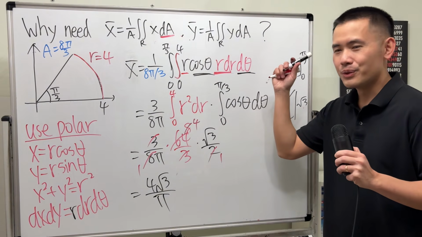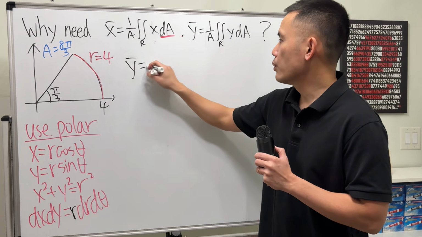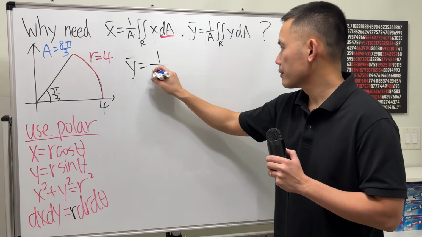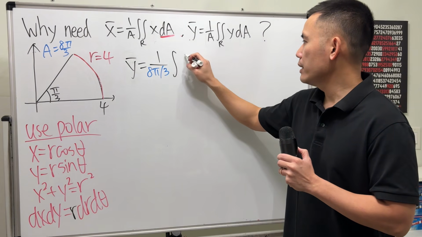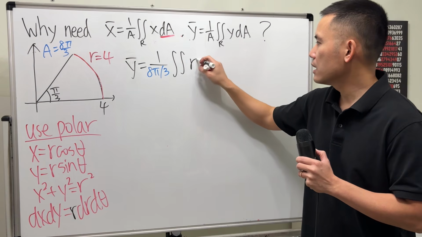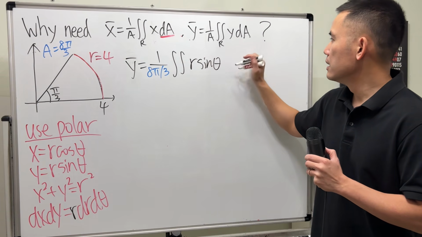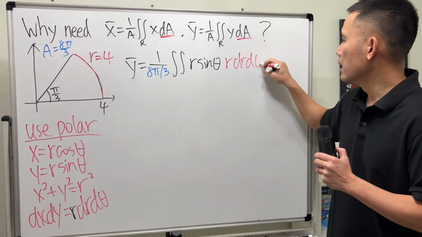Now, moving to y bar. All right, pretty much the same thing. y bar equals 1 over A, which is 3 over 8 pi. Double integral of y, put that down. So r sine theta, and dA is r dr d theta.